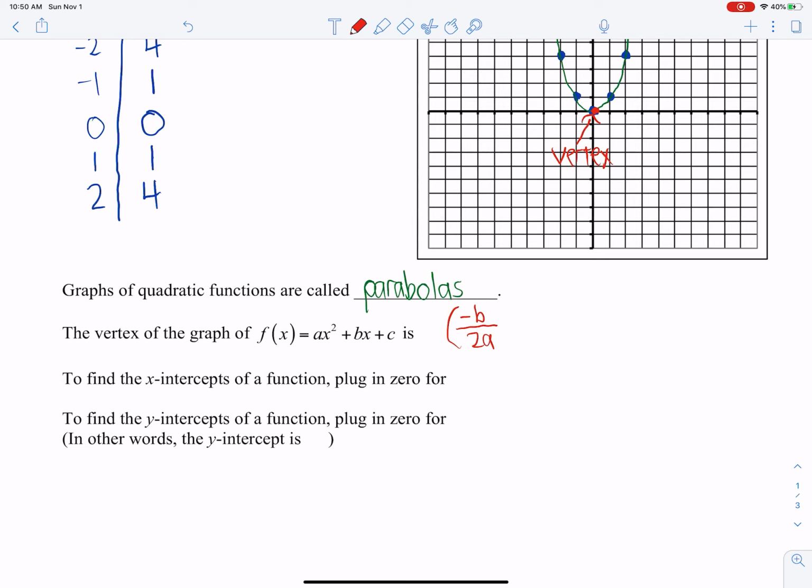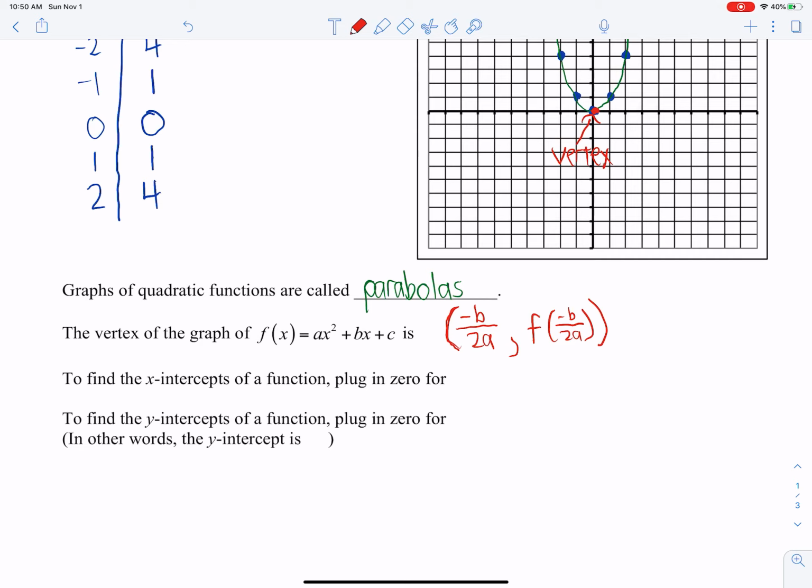It's -b, but instead of the plus or minus square root, that's all you have on the top. -b over 2a. Now you use that formula to get the x value of the vertex. To find the y value of the vertex, you'll take the result of that formula and plug it back into the original function. You'll see what I mean when we do that in just a moment.